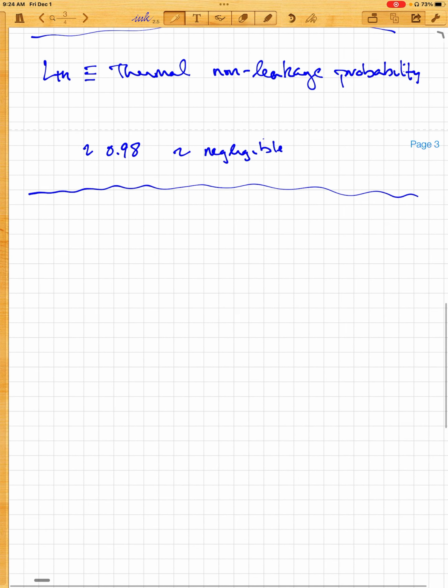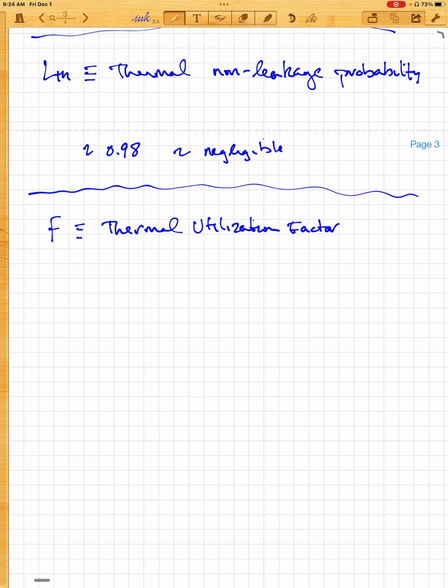Now let's talk about F. What was F? Well, F's defined as thermal utilization factor. And I dare you to try to find 5 nukes who can tell you what F stands for. Well, they could probably all tell you what F stands for, but it won't be the thermal utilization factor, I can tell you that much.